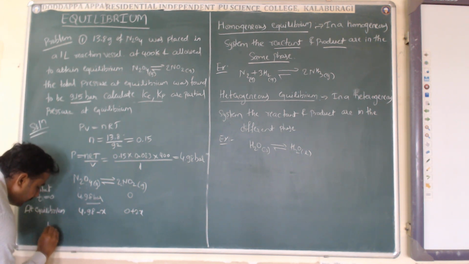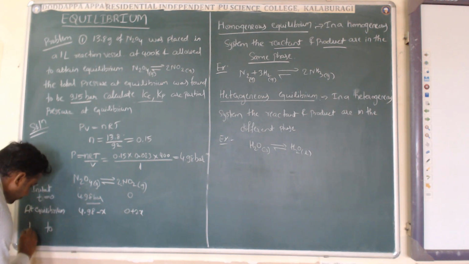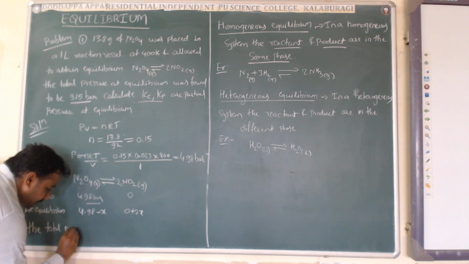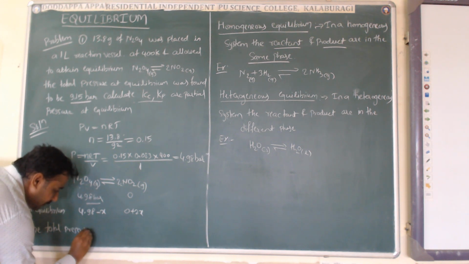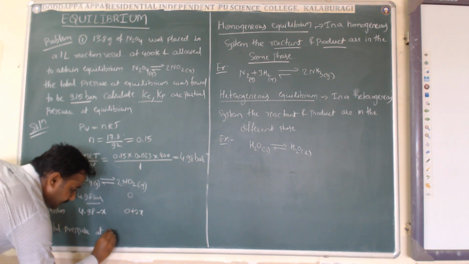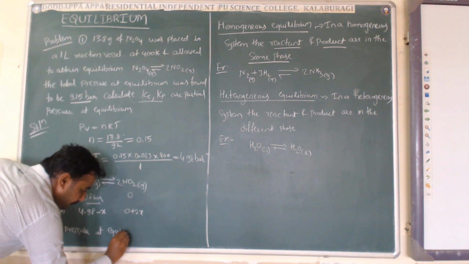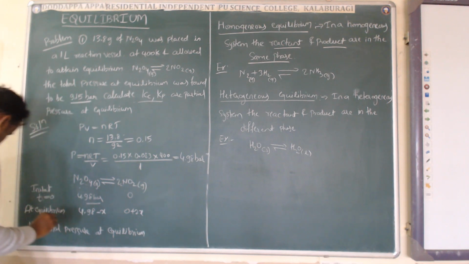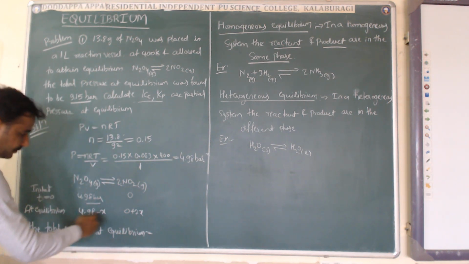Next one, 0 plus 2x is there, means the total pressure at equilibrium. The total pressure at equilibrium is equal to, what happens here? You have to add these two.